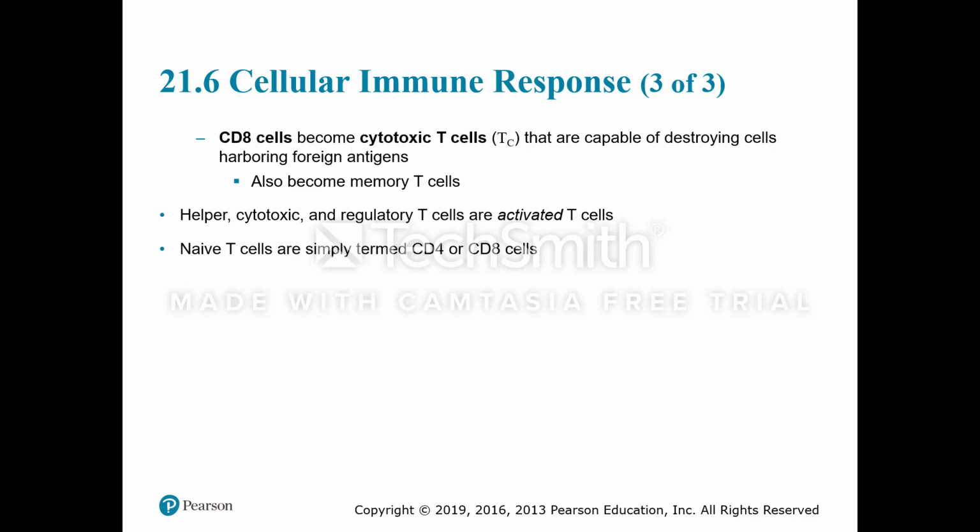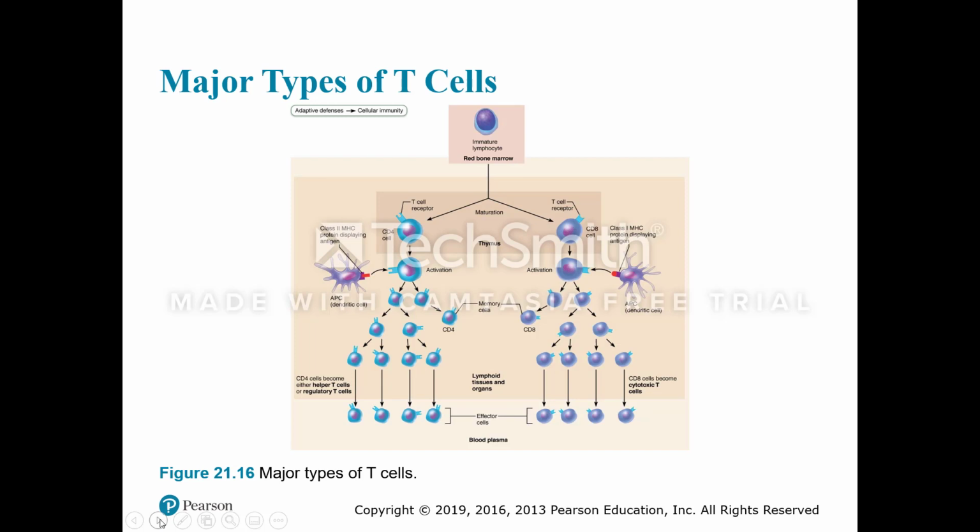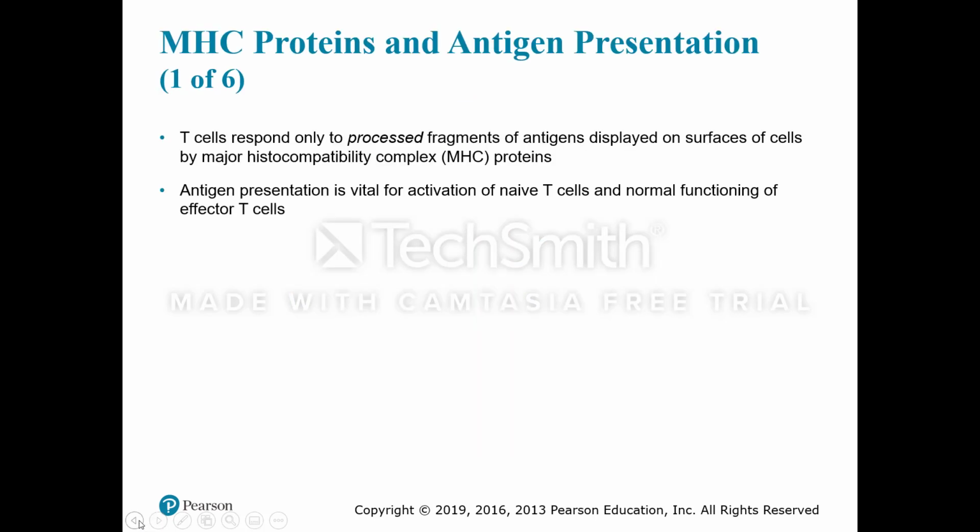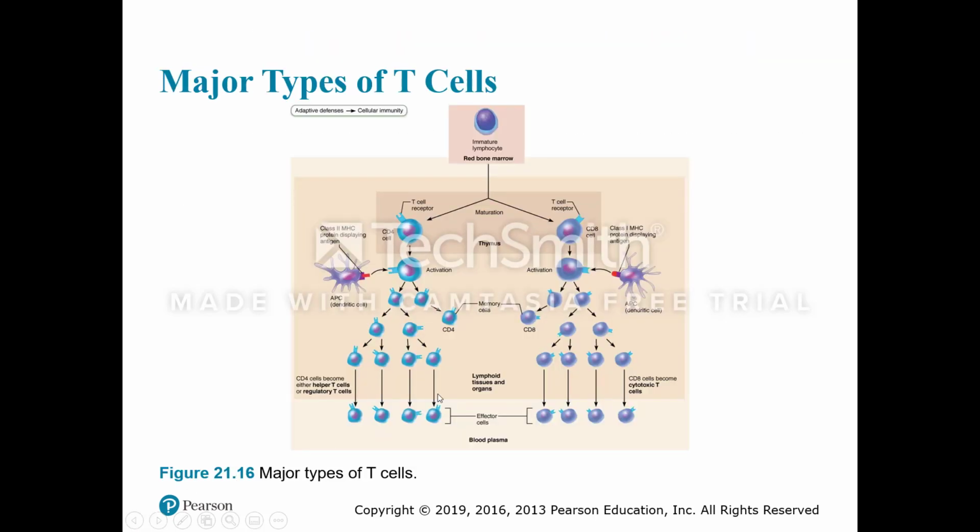The helper, cytotoxic and regulatory T cells are activated T cells. These are also the naive T cells that are simply termed the CD4 or CD8 T cells. So here is a picture of the T cells, and they differentiate, and you can see the difference between the T cell receptors.